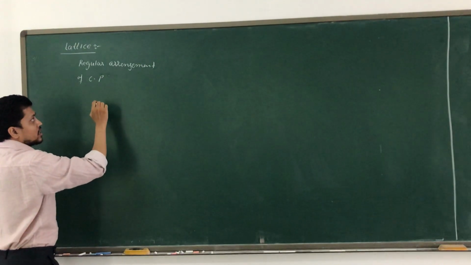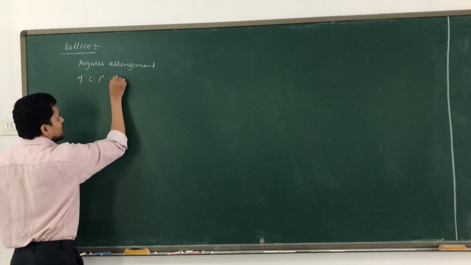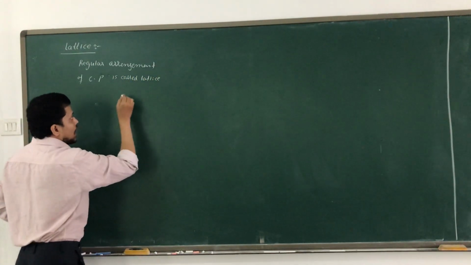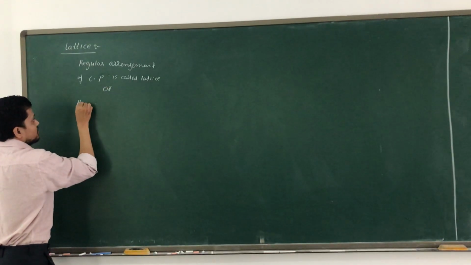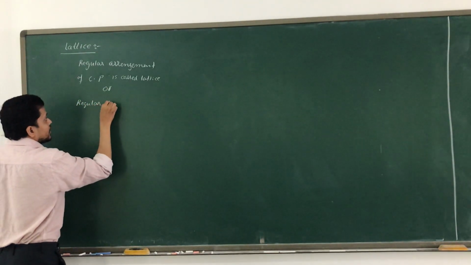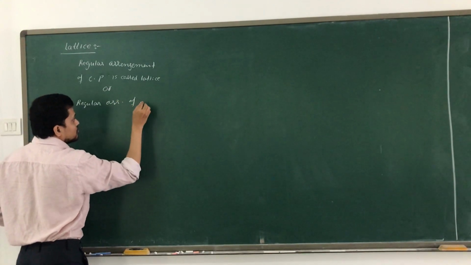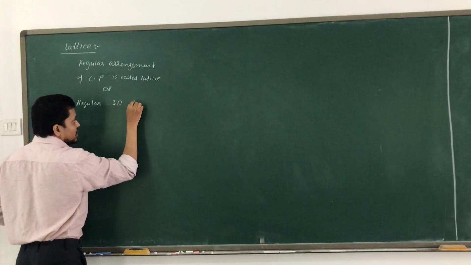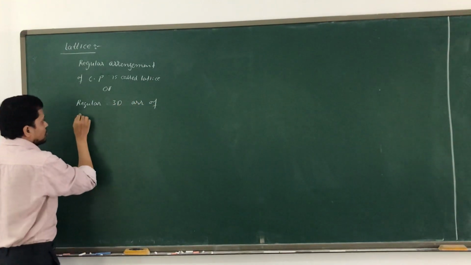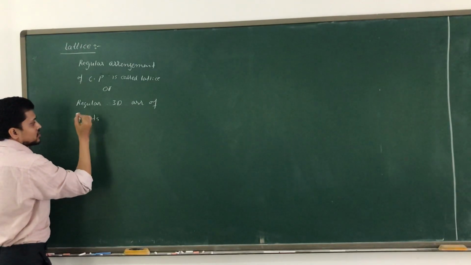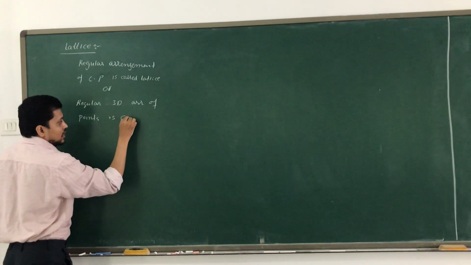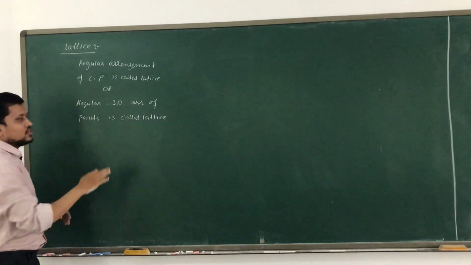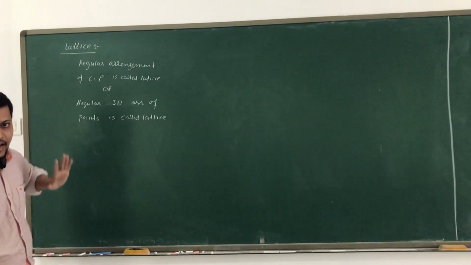Regular arrangement of constituent particles is called lattice, or you can say regular three-dimensional arrangement of points is called lattice. So any of these two definitions you can consider for lattice, right?